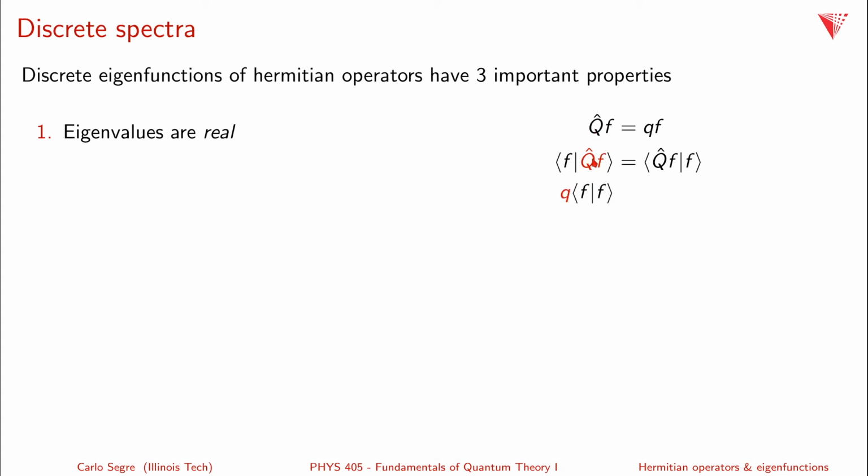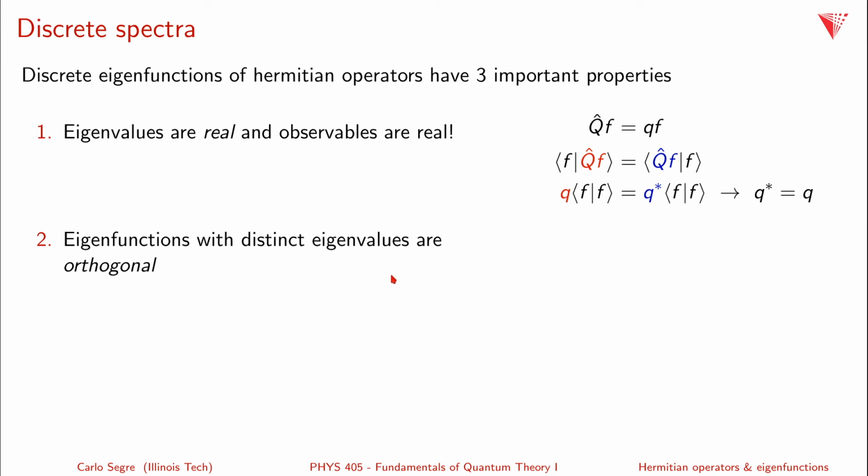And if this gives me a value q times f, then I have the inner product of f and f times q, is equal to, on this side, I must be getting the complex conjugate of q, because the complex conjugate is inside the bracket on the left side, times the inner product of f with f. And therefore, because these are equal, then q star, the complex conjugate of q, is equal to q, or q is real. So all observables are real. Makes sense.